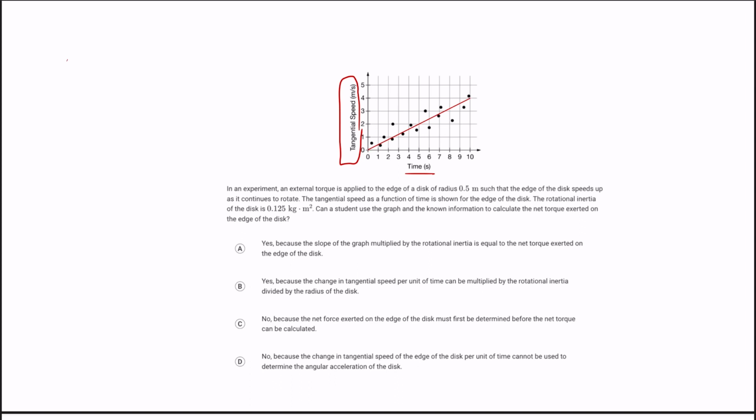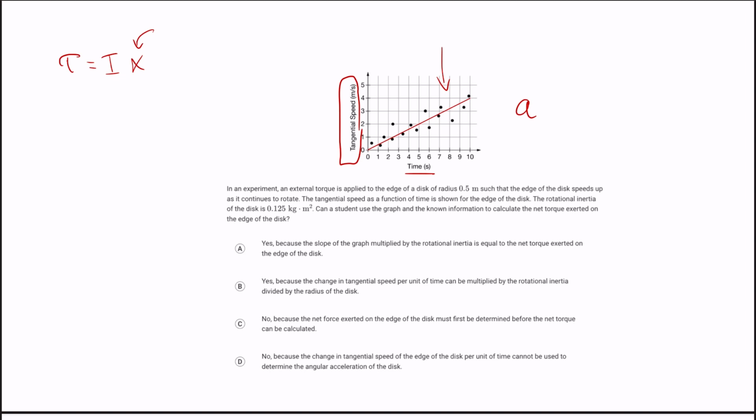We know that torque is equal to moment of inertia times angular acceleration. Now, we may not know what the angular acceleration is based off of this graph, or at least not immediately, but we do know that the slope of the best fit line to this plot does give us linear tangential acceleration.